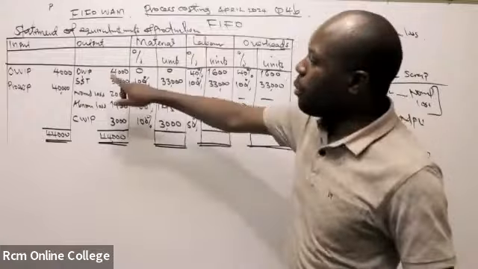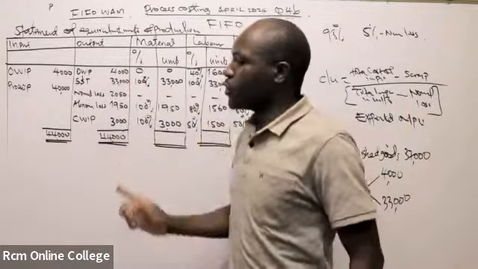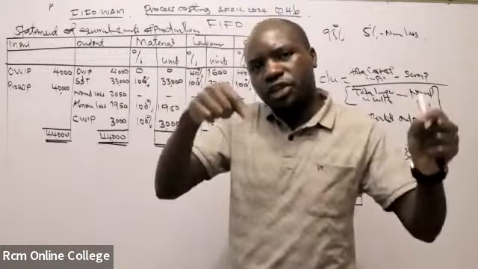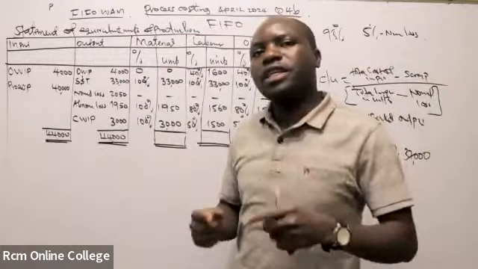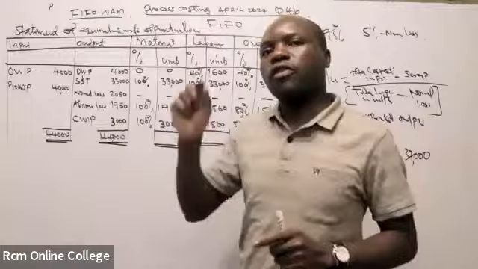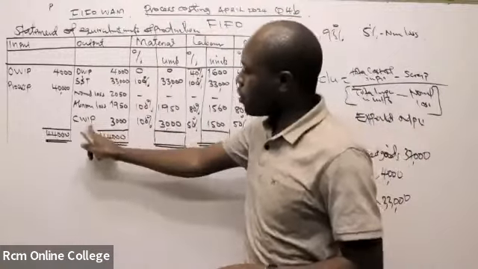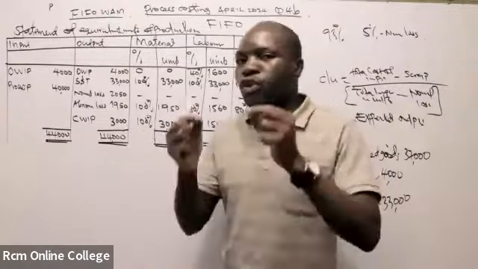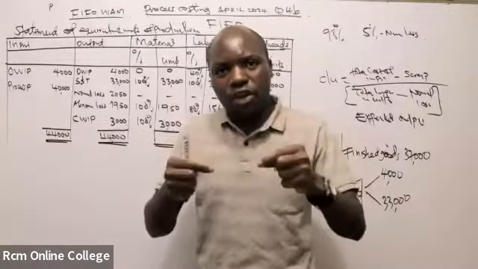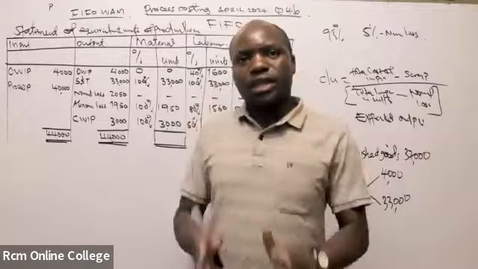Remember, opening work in progress, 100% was completed in the previous duration. What we are completing currently is 0 for the opening work in progress. But for the closing work in progress, the 100% was completed in the current period. Why are we interested in that?